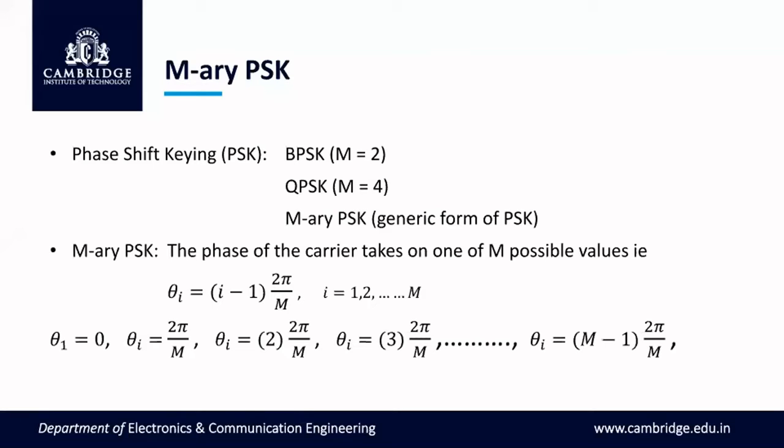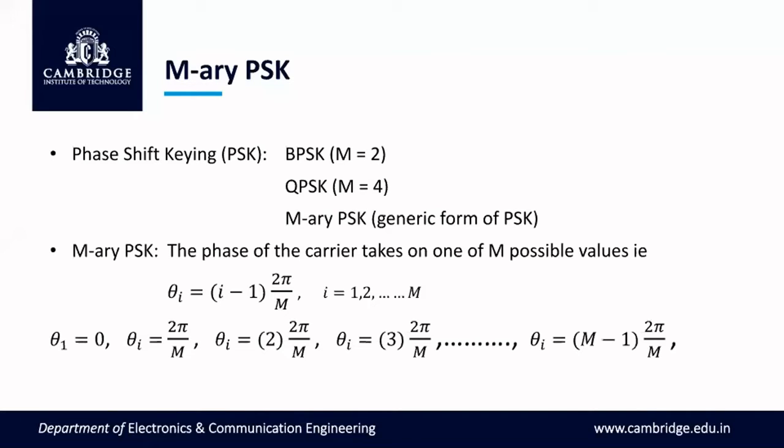Symbol 0 is represented by the carrier signal with phase 180. So the first signal has 0° phase, the second one has 180°. So the difference is 180. Okay. This is what we do. So amplitude same, frequency same.